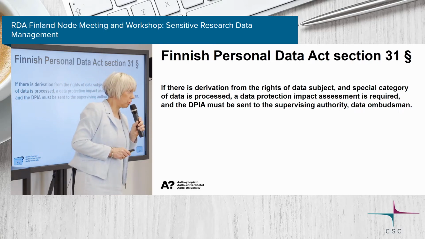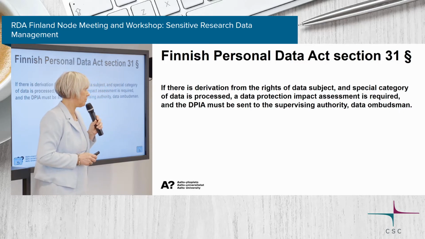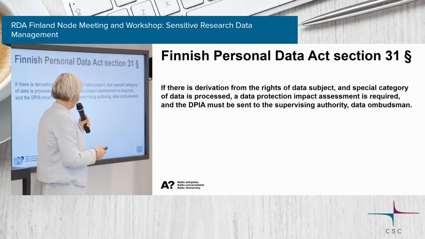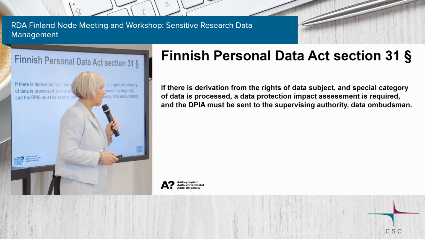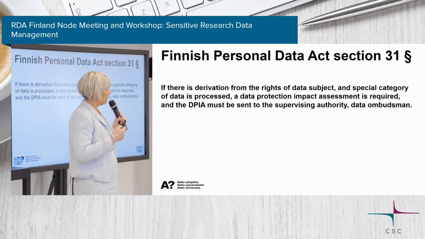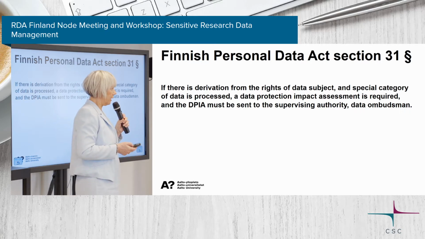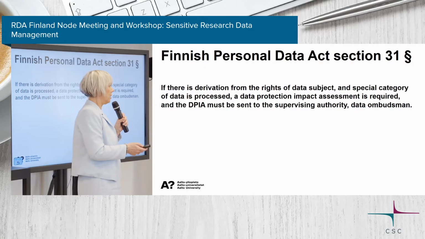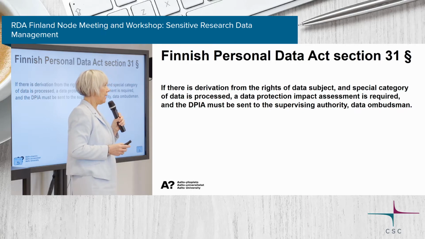As a practical thing, when we process special category data at Aalto University, we advise the researchers not to deviate from the rights, but to keep all the data subject rights. And why we can do this is because, again, the key to solving the problems are the data scientists, not the lawyers. If we remove enough identifiers, we very quickly come to a stage where we don't have the identifiers anymore in the data, and then we are held by GDPR Article 11.